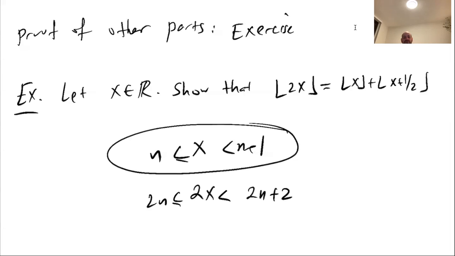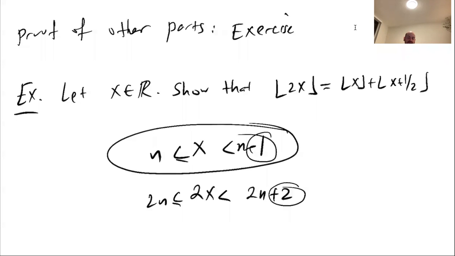So how can we fix this issue? Well, why did this plus 2 appear? Because this plus 1 was multiplied by 2. When x is between n and n+1, since I'm going to multiply it by 2, this range is too big to help us understand the floor of 2x.